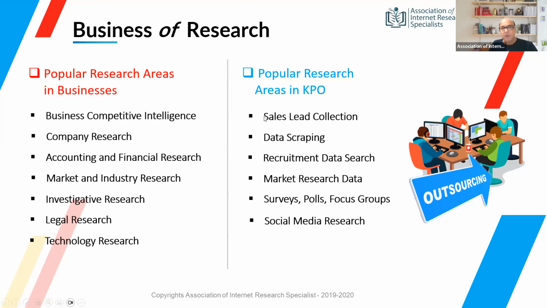So there could be people who are experts in lead collection, and that could be a KPO option. Market research data, surveys, polls, including social media research, all of these can be considered part of the KPO, or knowledge process outsourcing. So this is another opportunity, and usually is easily available on platforms such as Upwork, Fiverr, People for Hire, and so on and so forth.